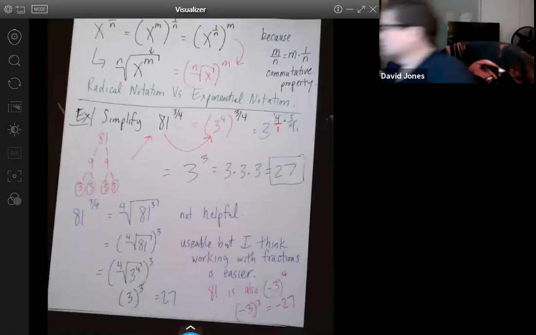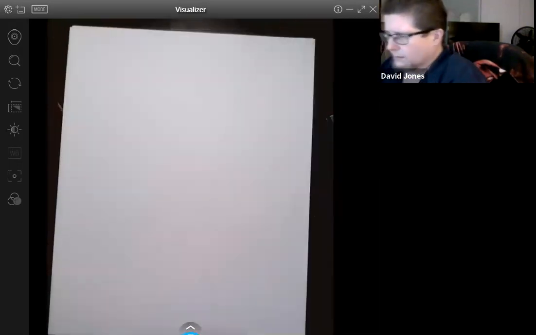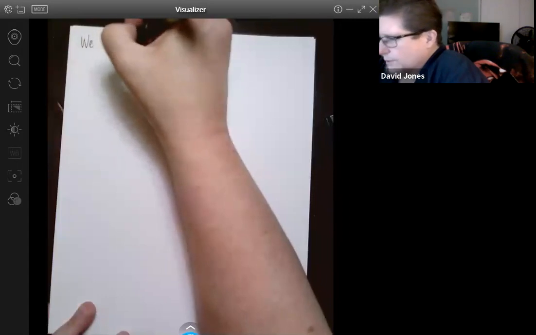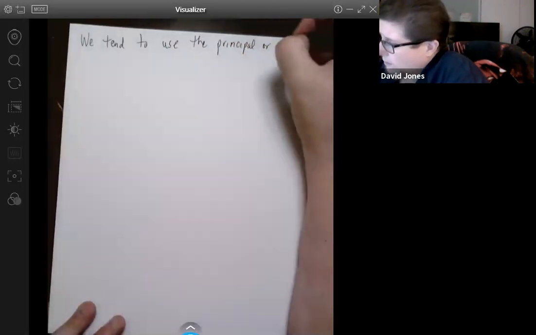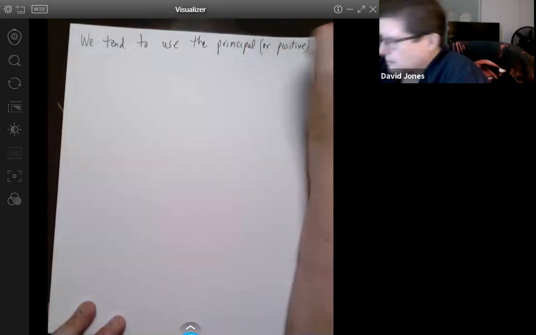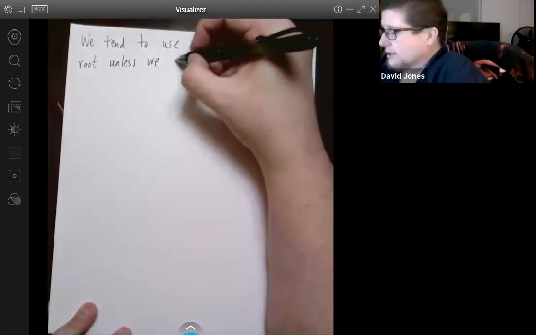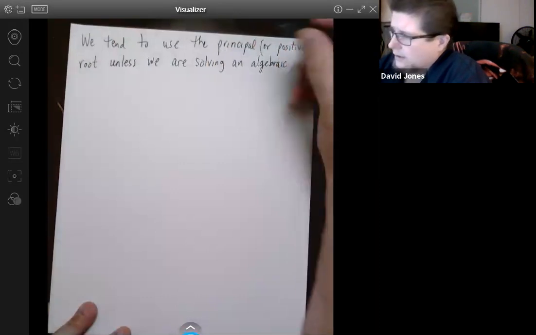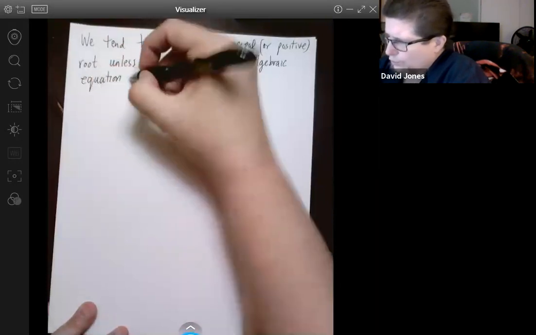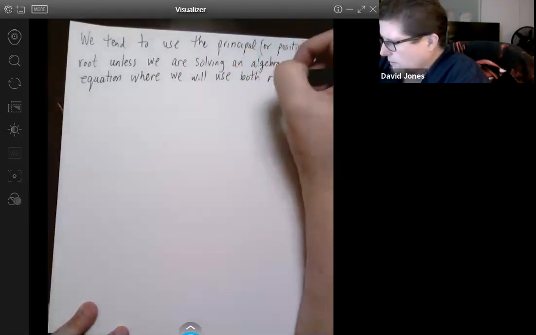We tend to go with the principal root, or the positive root, unless we are solving an algebraic equation, where we will use both roots. And we'll get to that.